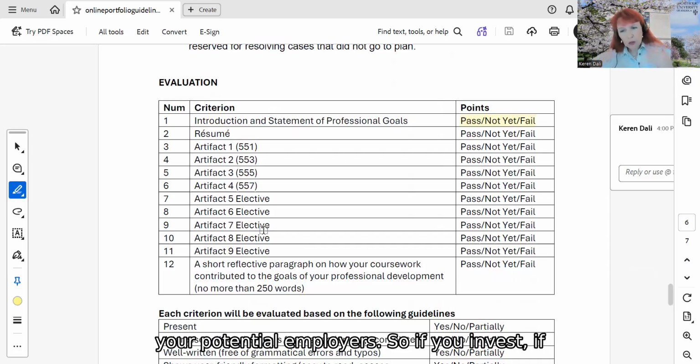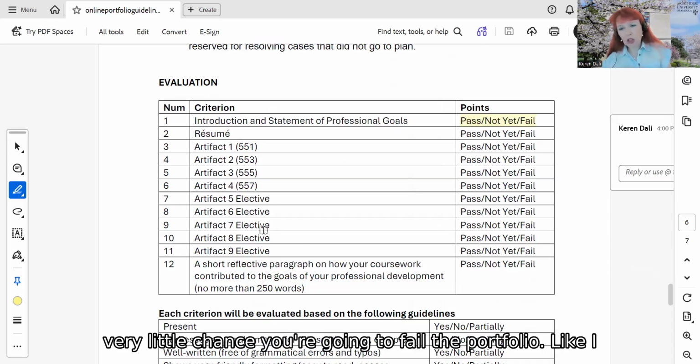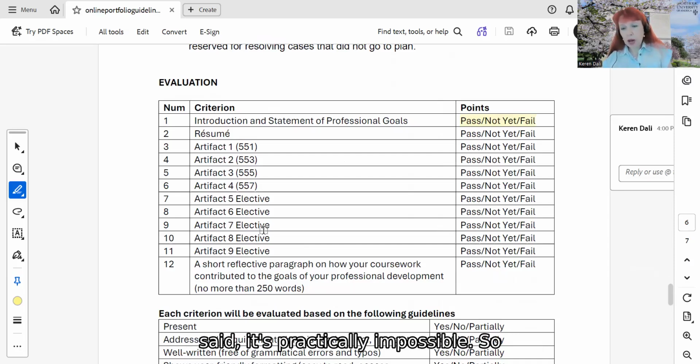So if you invest, if you care about the quality of what you do, about how you're going to present yourself as a professional to the LIS community, then there is very little chance you're going to fail the portfolio. Like I said, it's practically impossible.